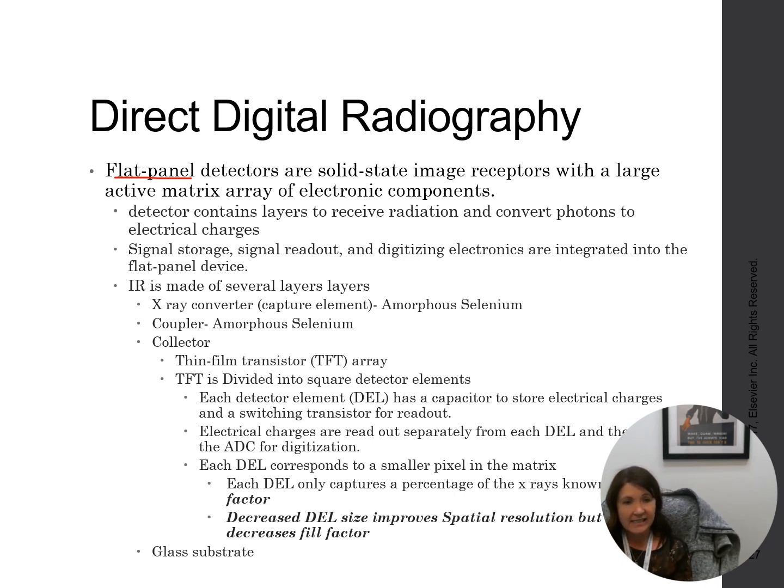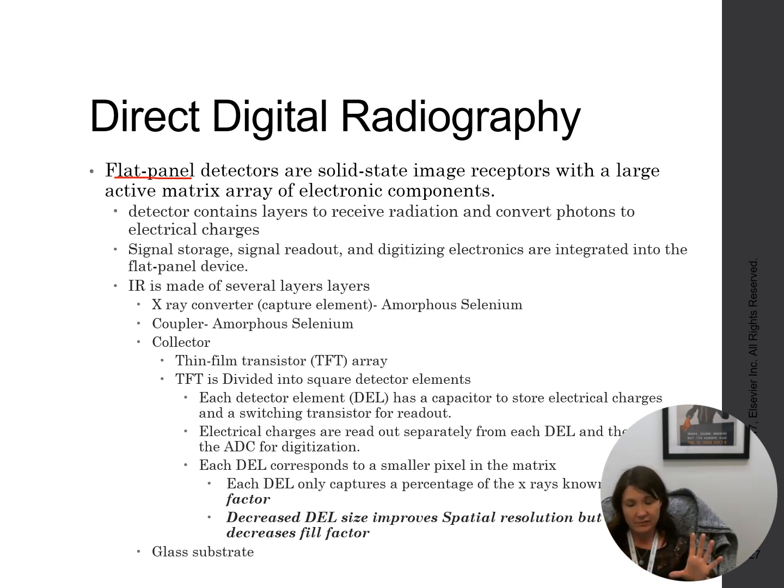So in these cases, they have the amorphous selenium, they have a signal storage or a capacitor, they have a signal readout, and then they're going to have digitizing or an ADC to integrate with the flat panel to convert that electrical signal into our digital signal.